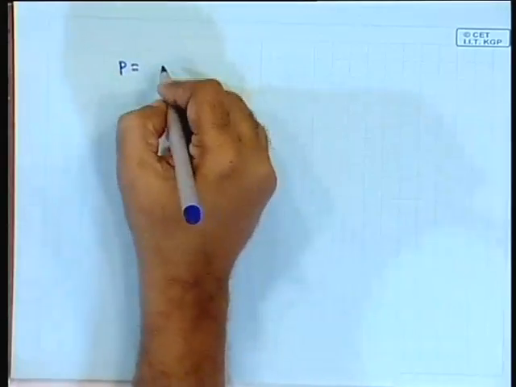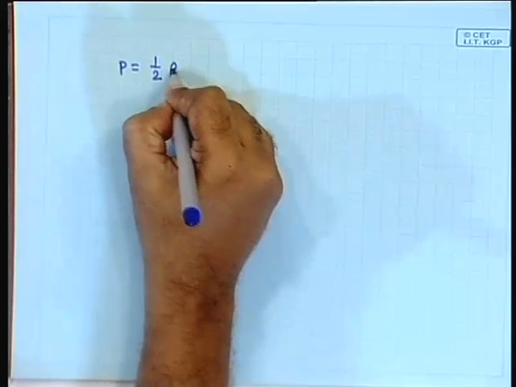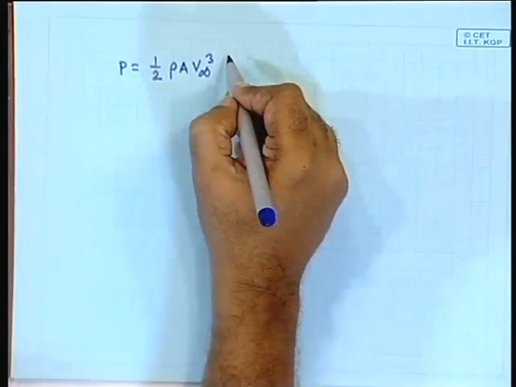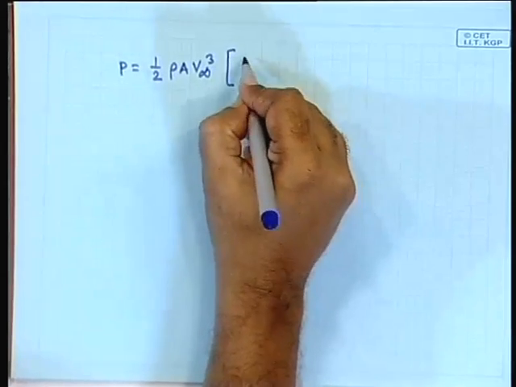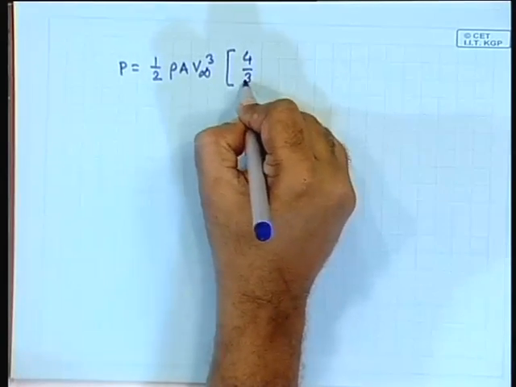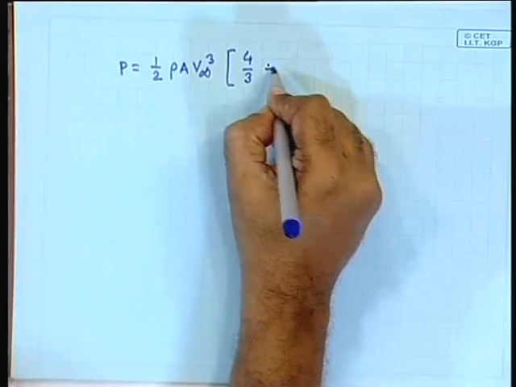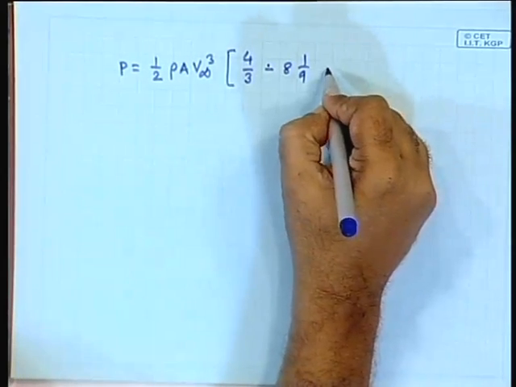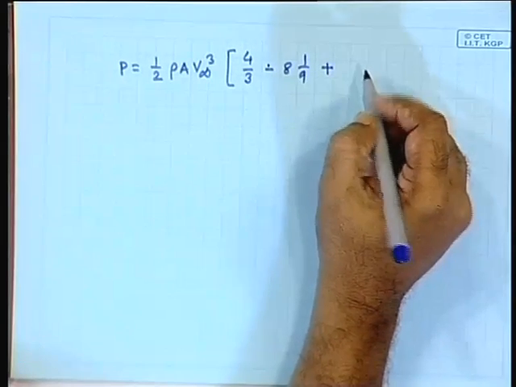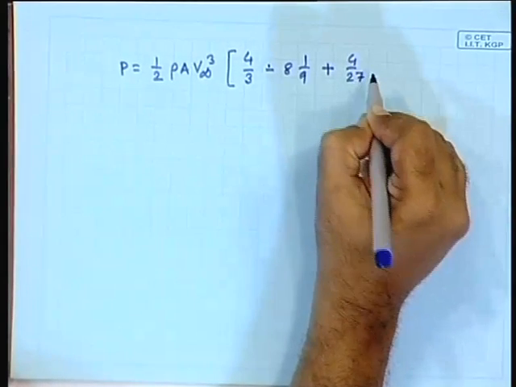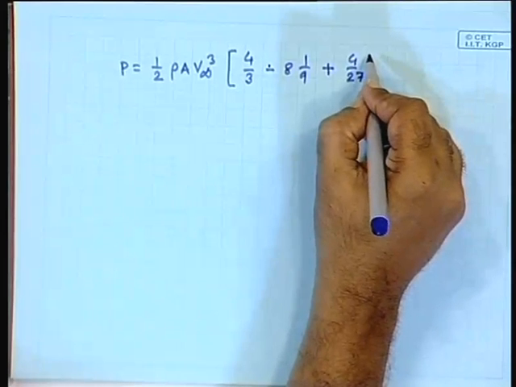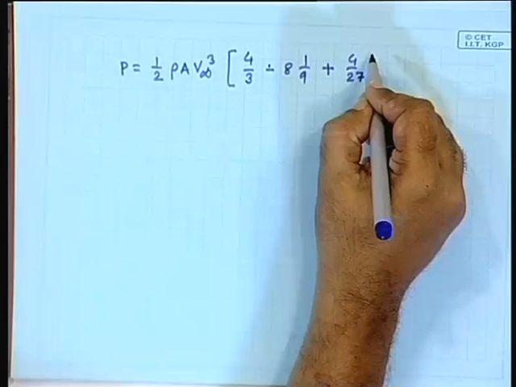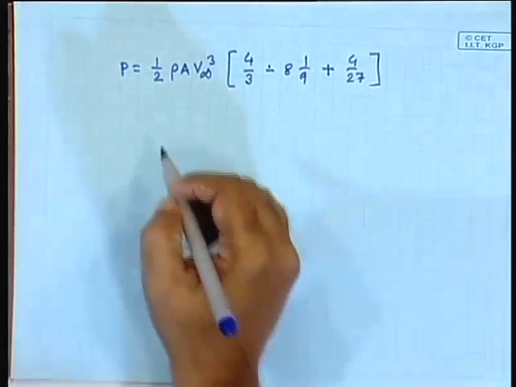P is equal to half rho A V infinity cube times 4 by 3 minus 8 into 1 by 9 plus 4 by 27, which gives 8 by 27 rho A V infinity cube. What do you get ultimately?